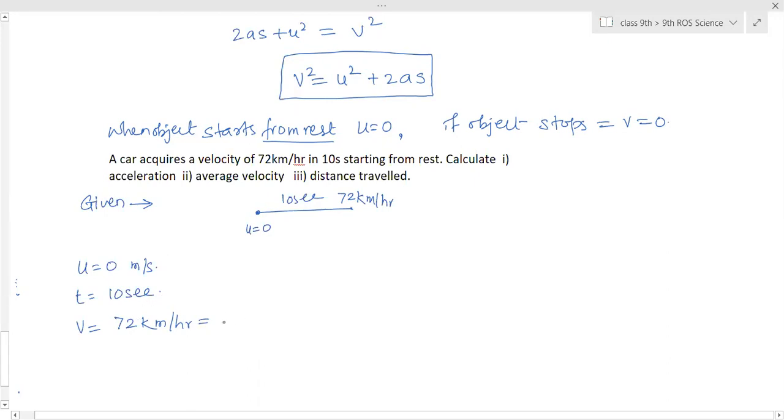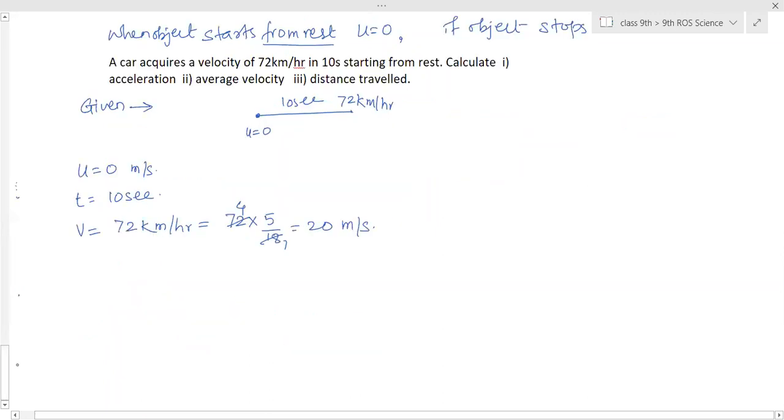So 72 into 5 by 18. 18 fours are 72, 5 into 4, 20 meter per second is the value of v. Okay. So now anything else we have? No. So what are the things we have to calculate? First, acceleration, average velocity, and the third one, distance traveled, that is s.